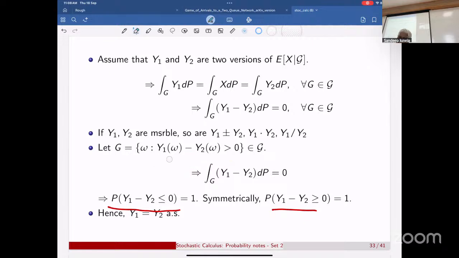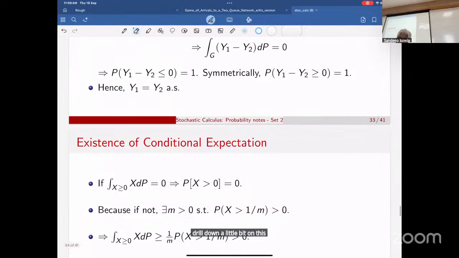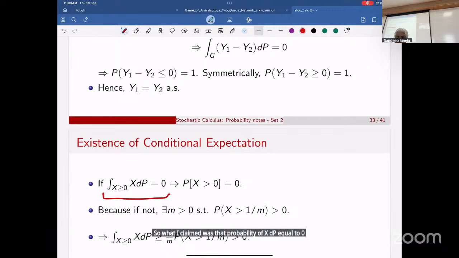Okay. I'll drill down a little bit on my earlier comment. What I claimed was that the integral of x dP equal to 0 on the set x greater than or equal to 0 implies that the probability of x greater than 0 must be 0. That's what we used right now, right?